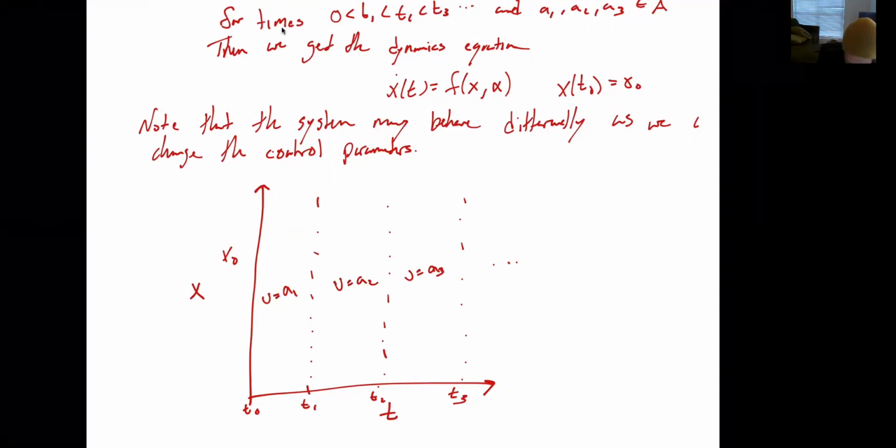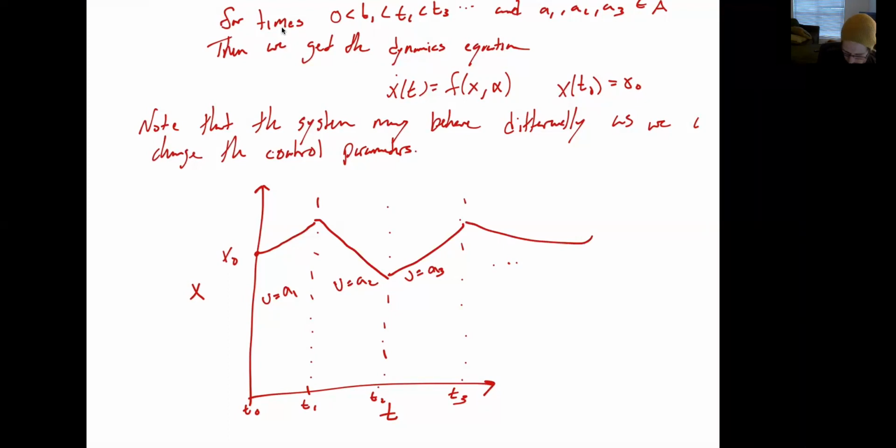So we started at the initial condition. Between these two times, we could flow maybe this direction, and then between T1 and T2, A2 is taking control, and we could flow down this way. A3, flow back up, and so on. But depending on the input and the input's effect on our system, it can dramatically affect how we evolve.